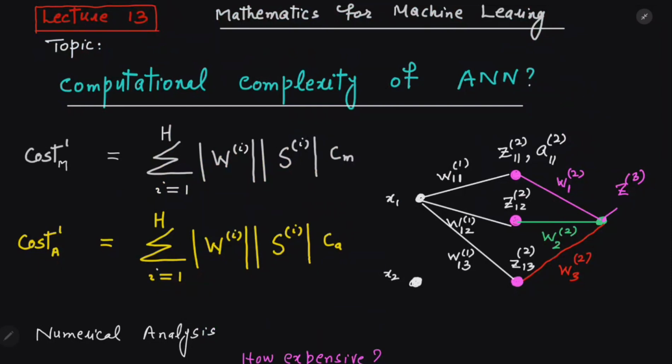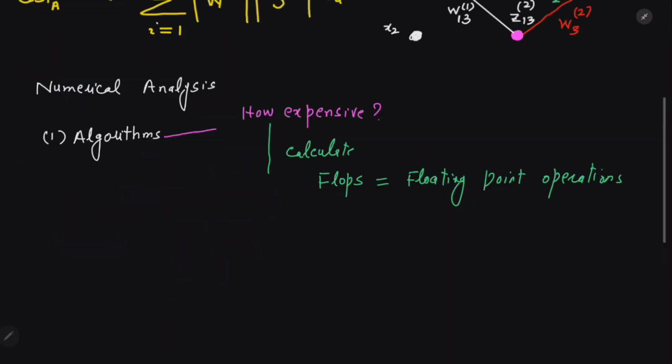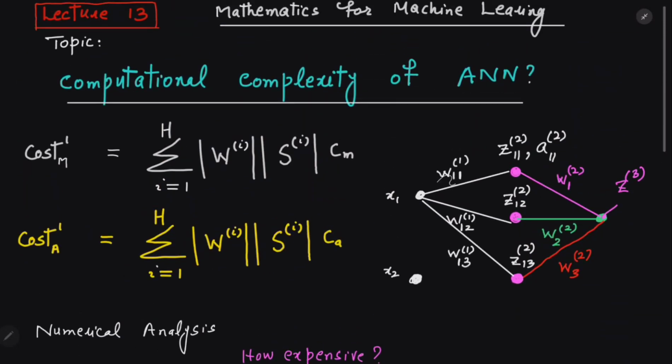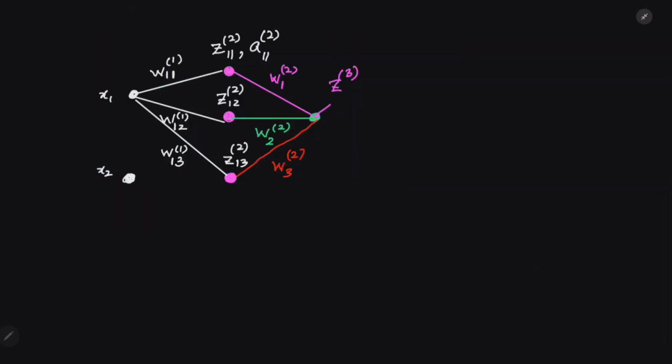Okay. So first of all, you need to understand this artificial neural network. Maybe I just copy that and put it on another page so that we can explain it in detail. Suppose we have this simple neural network with two inputs, one hidden layer with three neurons, and only one output.